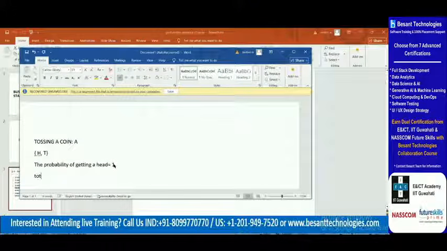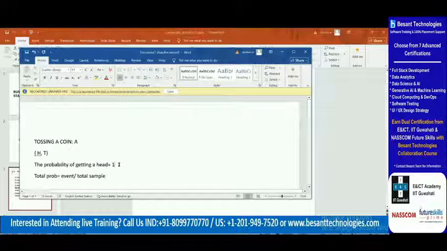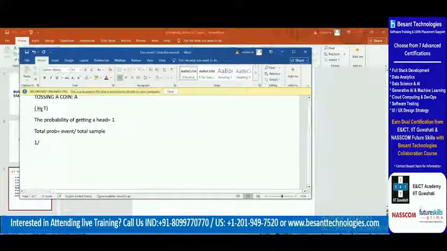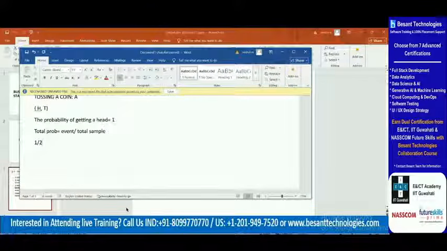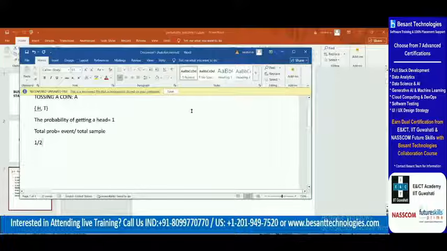So the probability will be the event divided by the total sample. The event is getting a head, so how much do we have? We have only one. The total sample is 2. So it is 1 by 2. Every time the probability will always be between 0 and 1. It cannot be above 1 and it cannot be below 0.